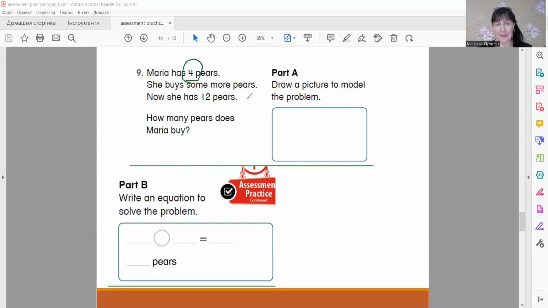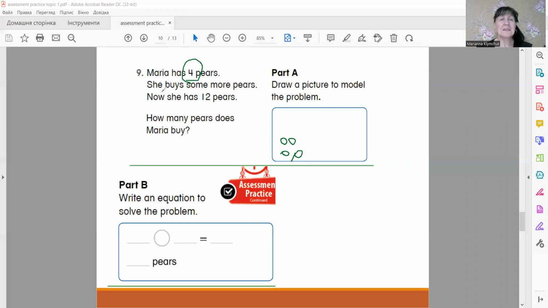Okay, then it tells you draw a picture to model the problem. So let's say Maria has 1, 2, 3, 4. Yes, pictures help a lot, by the way. All the time I tell you, draw a picture to see what we have in the story. So this is our 4 pairs.